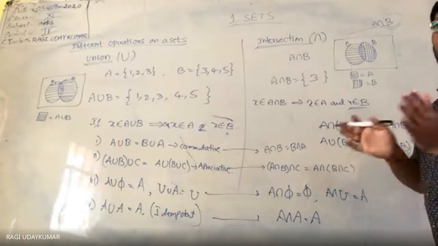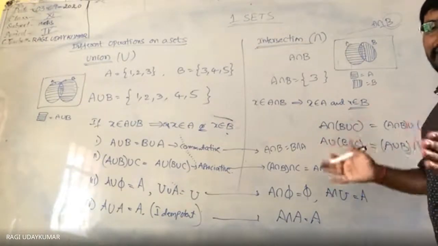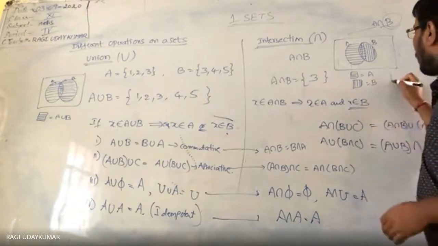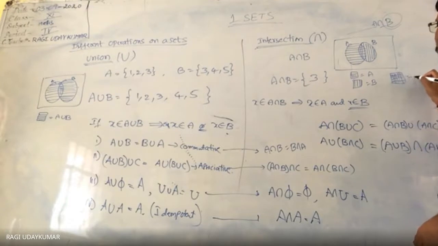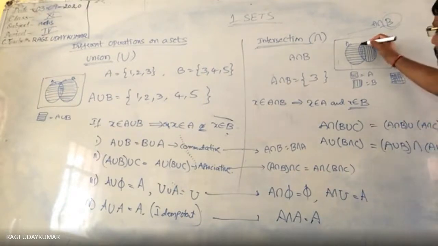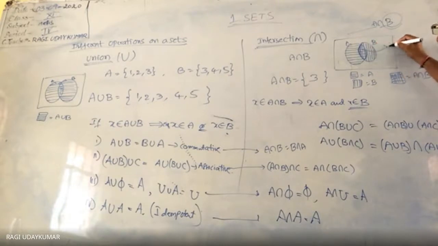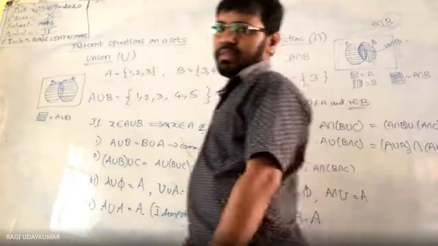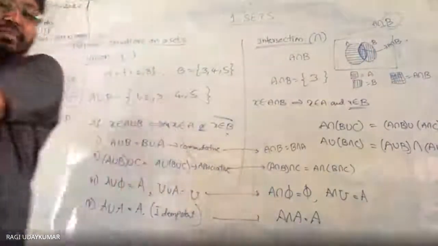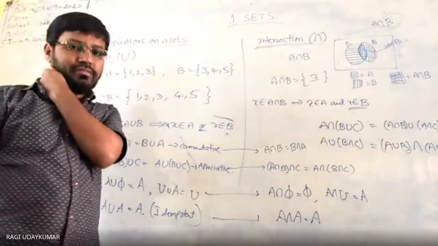Wherever you get a common part, it is drawn with horizontal and vertical lines together, and that common part represents A intersection B. So like this, Venn diagrams can be represented for union and intersection.